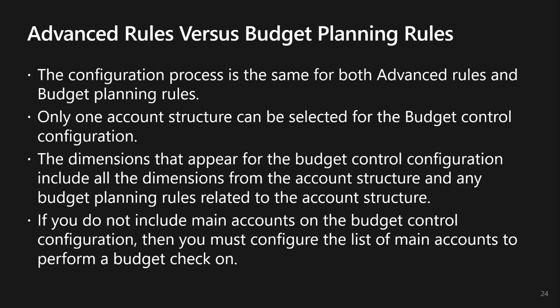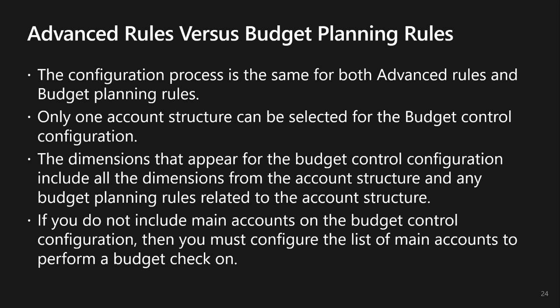When you're in the budget control configuration form, the dimensions that will show up that you can select and move from the available to the selected pane on that first tab of your configuration will include all of the dimensions from the account structure and any budget planning rules that are related to that account structure. So let's say you had a revenue account structure and that's what you chose.